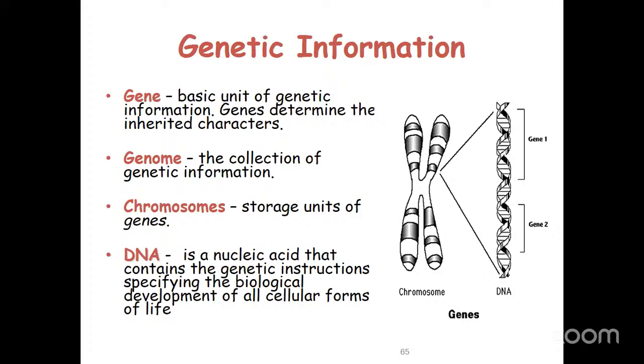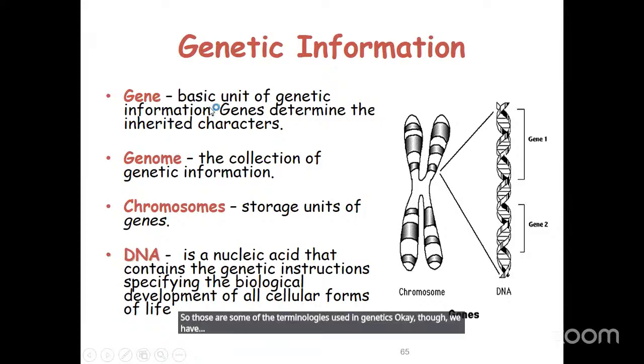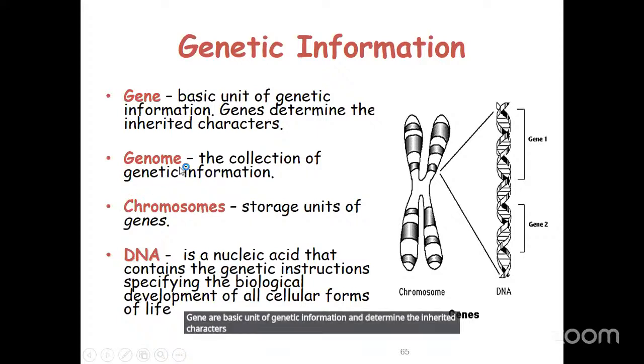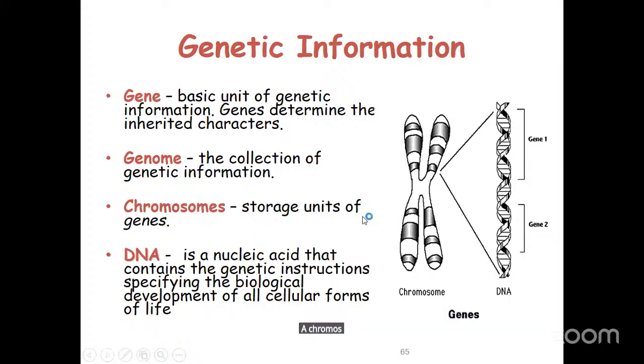So those are some of the terminologies used in genetics, though we have talked about this before. Genes are the basic unit of genetic information, and they determine the inherited characters. Then the genome is the collection of genetic information in an individual. A chromosome is a storage unit of genes. In other words, genes are located on chromosomes.